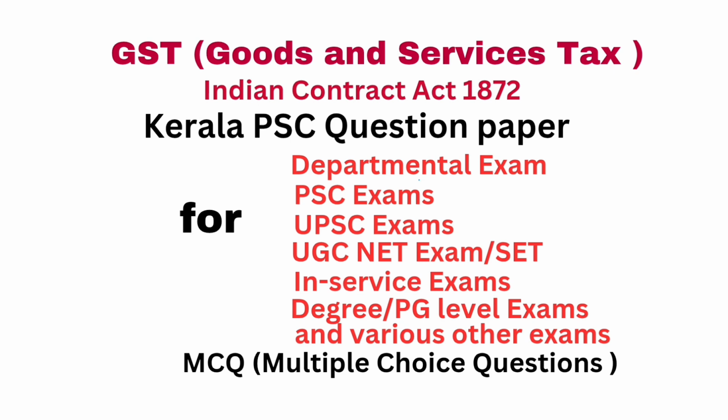Option C, 3 months from the date of order of cancellation. Option D, 2 or 3, whichever is later. Correct answer, option D, 2 or 3, whichever is later. That is, 3 months from the date of cancellation or 3 months from the date of order of cancellation, whichever is later.